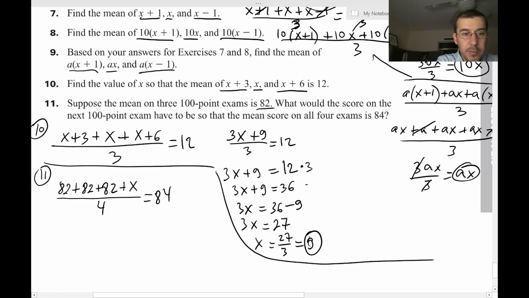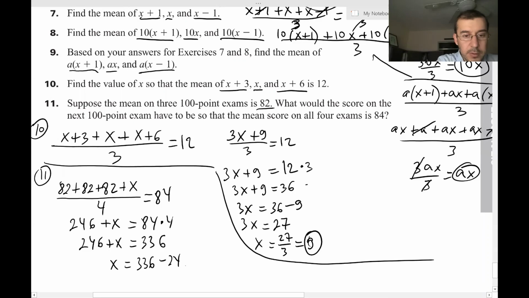Okay, so 3 times 82 is 246 plus x equals 84 times 4. Right? 4 divides here. It's going to multiply on the other side. So 246 plus x equals 4 times 4 is 16. 6 and 1. 4 times 8 is 32 and 1 is 33. And just x will be 336 minus 246, or that's 90. So the score on the next 100-point exam should be 90, so that the mean score on all 4 is 84.